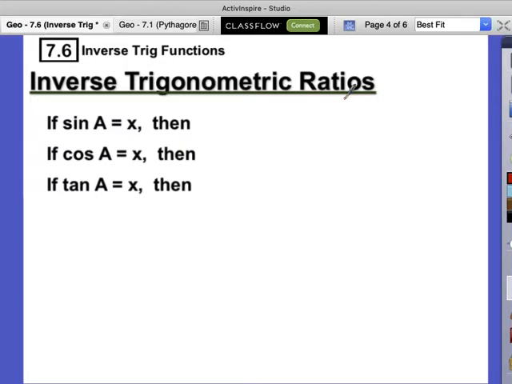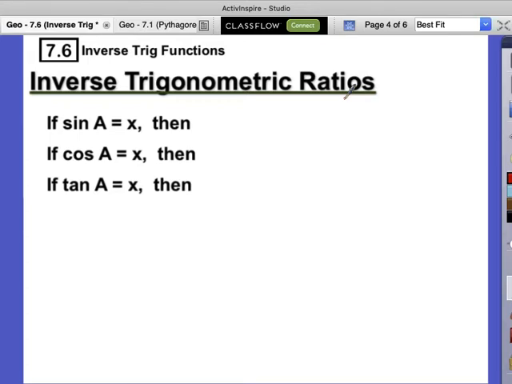So we're going to learn inverse trig ratios. Last class we learned these trig ratios, which are operations. We take the sine, cosine, or tangent of an angle. Now we're going to learn to go the other way around. Like sine of 57 degrees was equal to something, because we made those ratios.